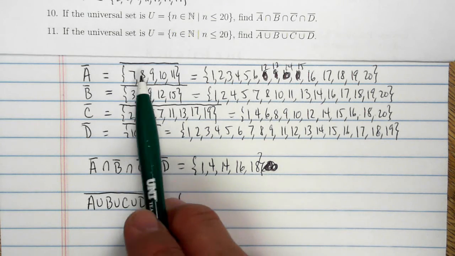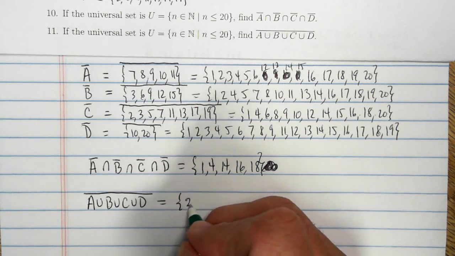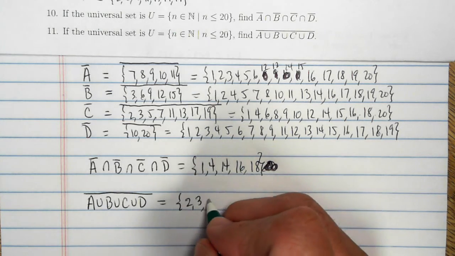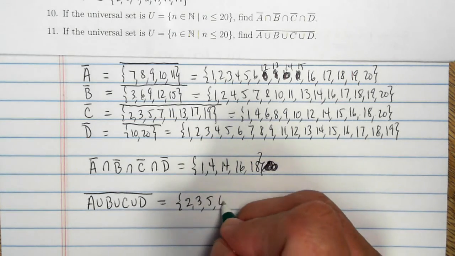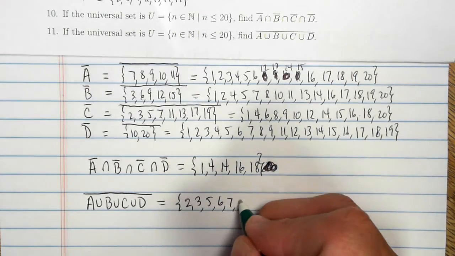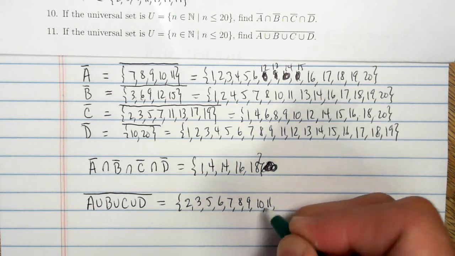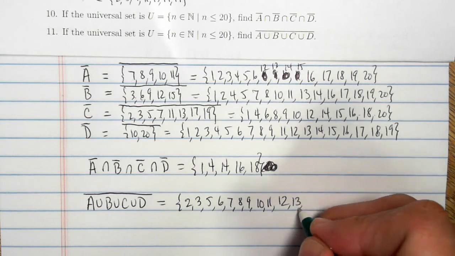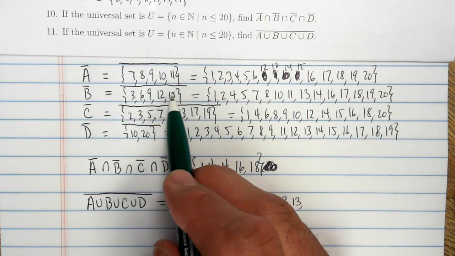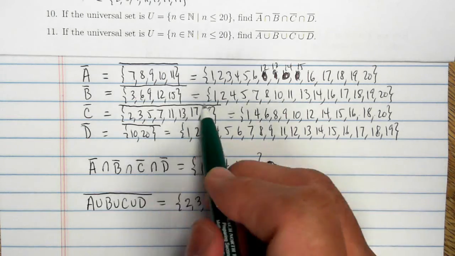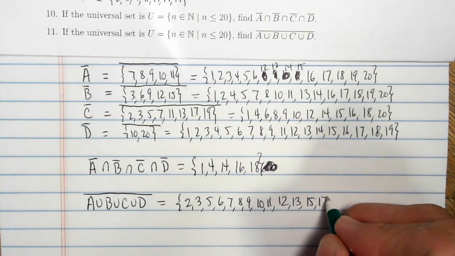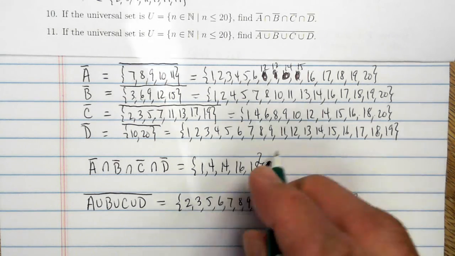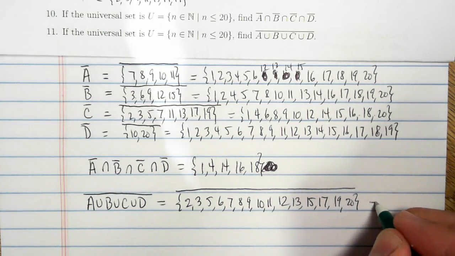All right, so here are the numbers. 2 is in there, 3 is in at least one of them, 4 is not anywhere, 5 is in at least one of them, 6 is in at least one of them, 7 through 11 are in at least one of them, 12 is in at least one of them, 13 is in at least one, 14 is not to be found, 15 is in at least one, 16 is not to be found, 17 is here, 18 is not to be found, 19 is there, and 20 is there. And I want the complement of this.